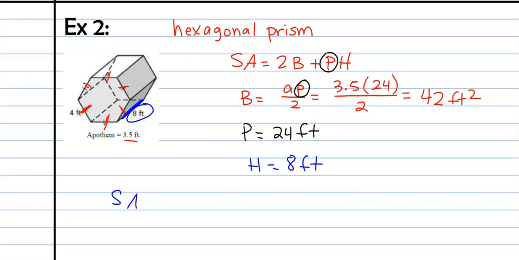All right, so I'm just going to go ahead and substitute that all in, and I'm not going to separate it this time. I'm just going to do it all in one chunk. So 2 times 42 plus 24 times 8. So our total surface area here, 2 times 42, 24 times 8.